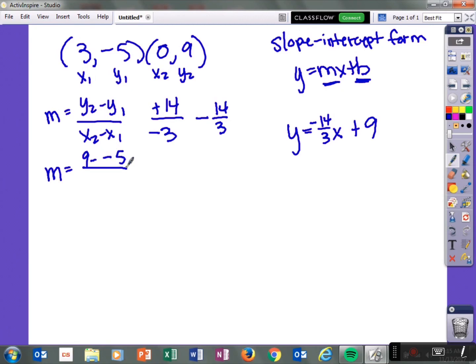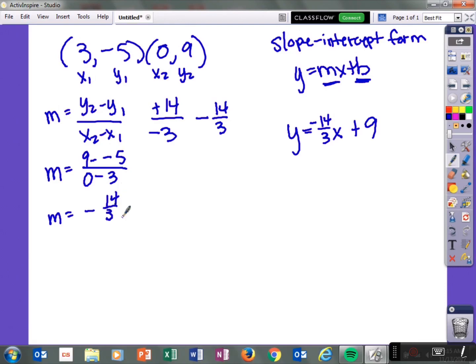Over x2, 0, minus x1, 3. And you can type that straight into the calculator, okay? If you press the N over D button, you can put 9 minus -5 on top, 0 minus 3 on bottom, and it'll do all the math for you and give you negative 14 over 3.